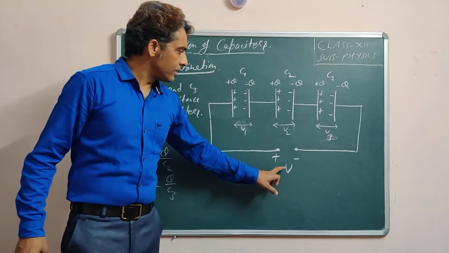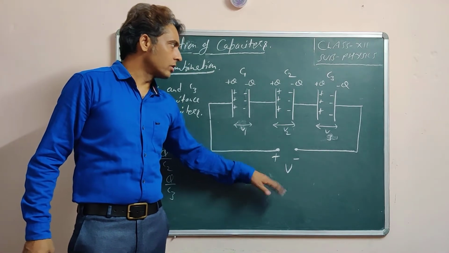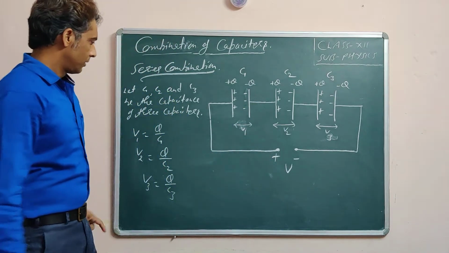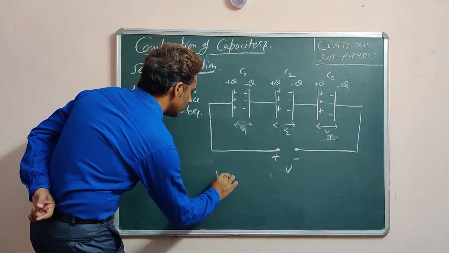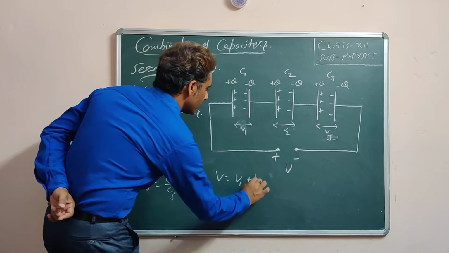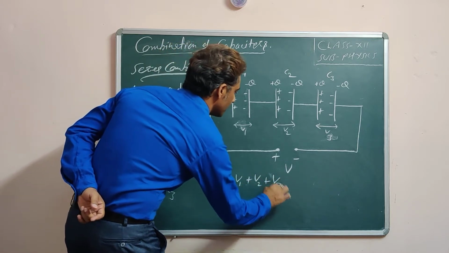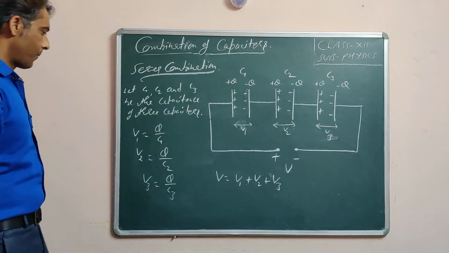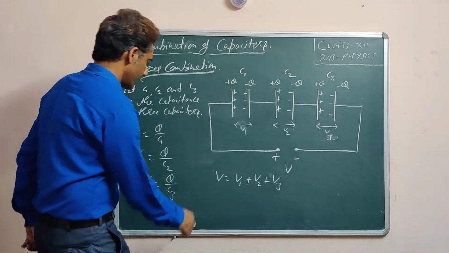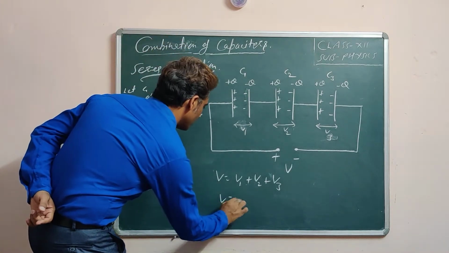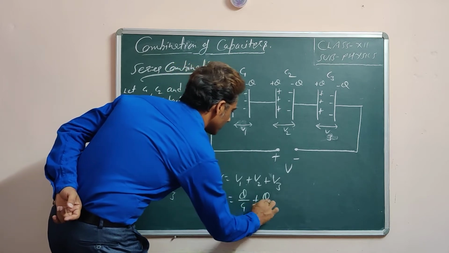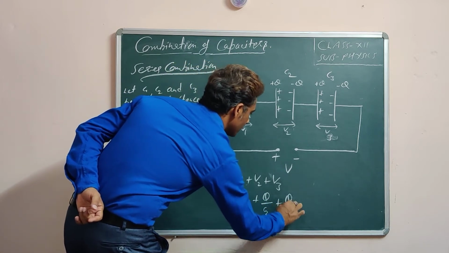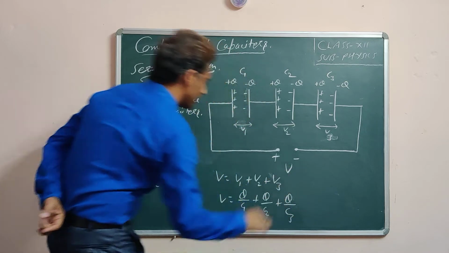Now this V is the applied potential difference across the combination. So this V should be equal to V1 plus V2 plus V3, or we can write V is equal to Q over C1 plus Q over C2 plus Q over C3.